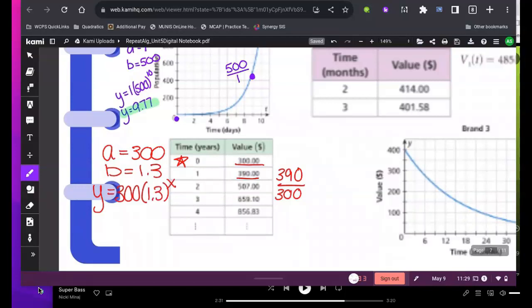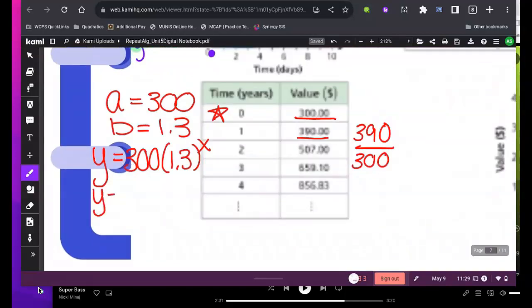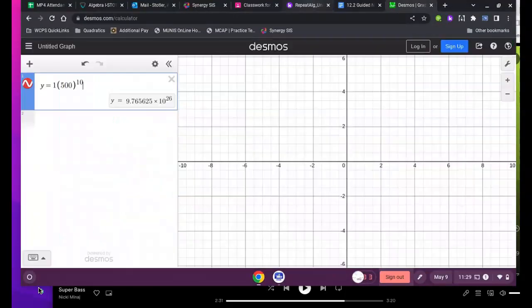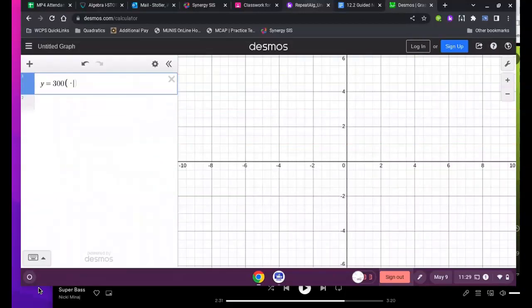And we want to know what is the value when x is equal to 10. So instead of x, we're going to write a 10 in there. And then I'm going to open up a Desmos graphing calculator, and I'm going to type that in. y equals 300 times 1.3 to the 10th power.